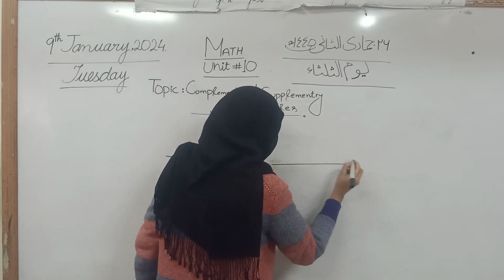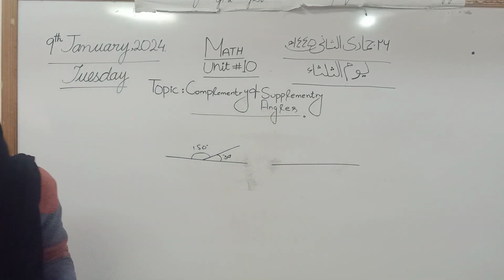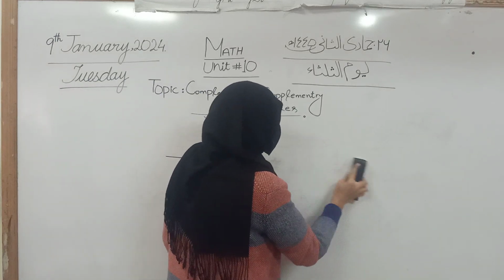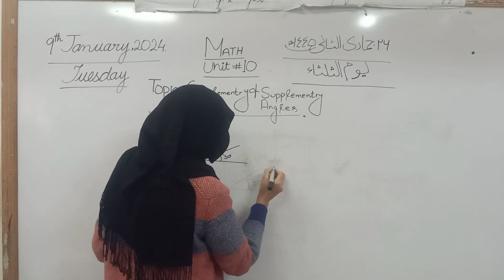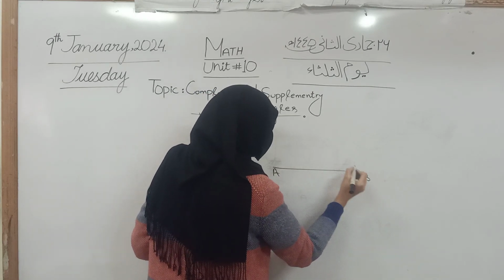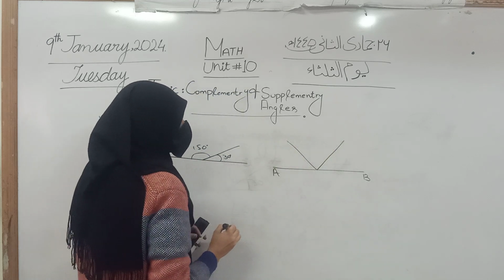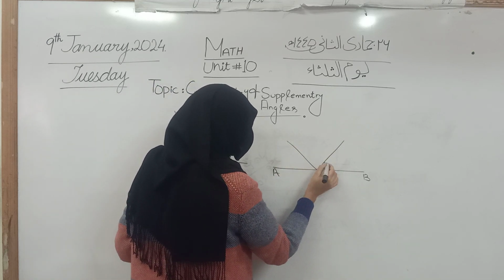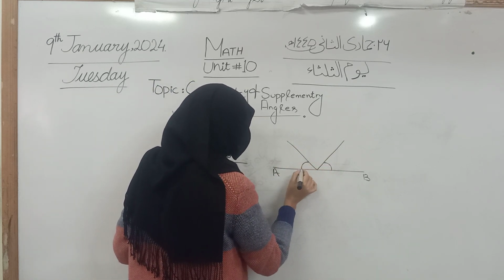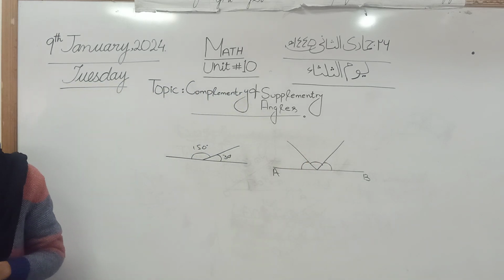Similarly, let's suppose there are angles on a straight line. This is a straight line. You can draw it more correctly. Okay, A, B, and let's suppose... See this one. There is an angle, there is an angle, there is also an angle. How many angles are there now?